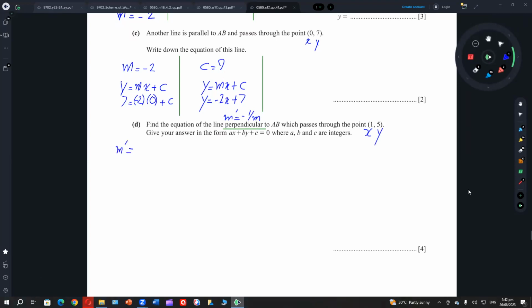It will be plus 1 upon 2. Flip the gradient and reverse the sign. I'm putting 1, 5 to find C.